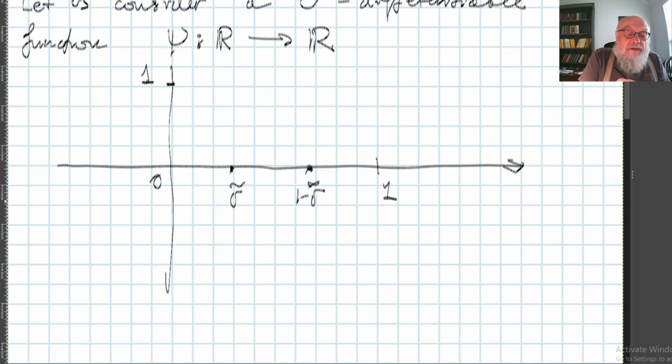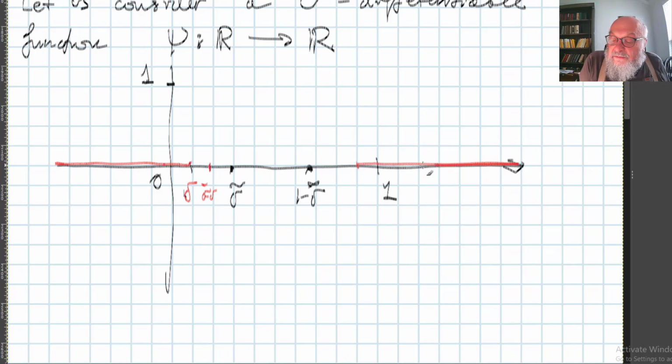So now we choose delta. So this is my delta, 1/3 of that one, and here will be another one. So this will be delta tilde minus delta. So here we put 0. So here will be value 0.